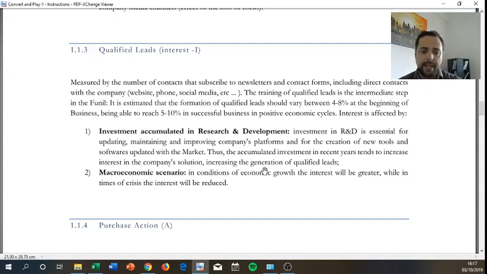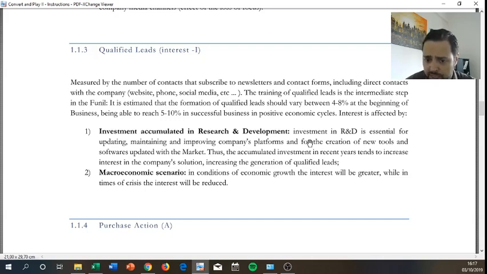And what will affect your conversion in this stage? The first thing is how much you invest in research and development. So basically, research and development is a measure of the updates and the new features that you add to your software and platforms, and also the quality in general of your platforms.